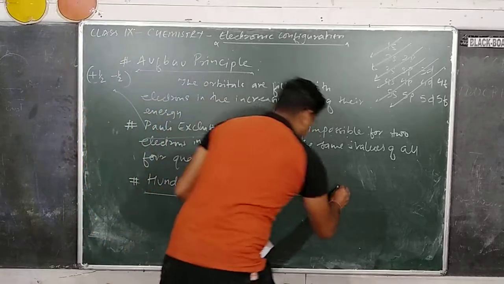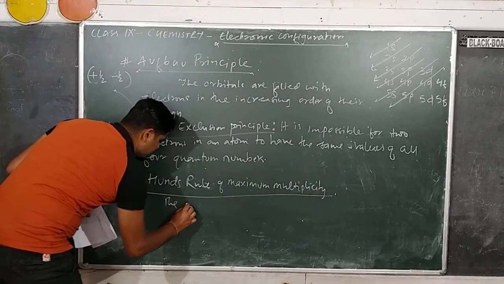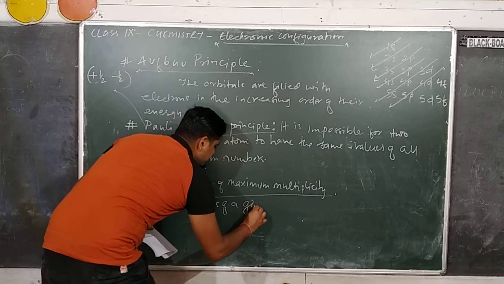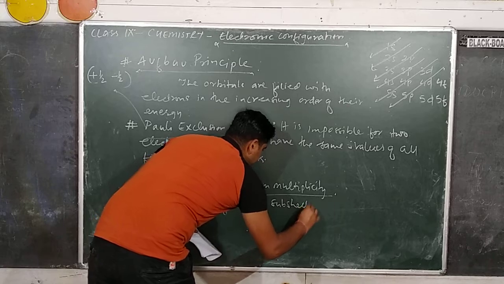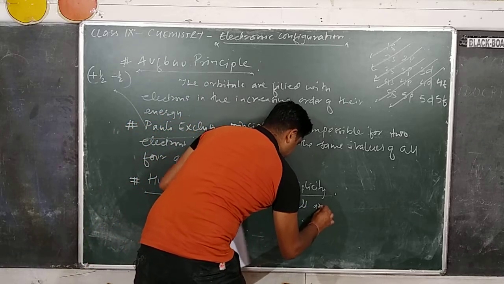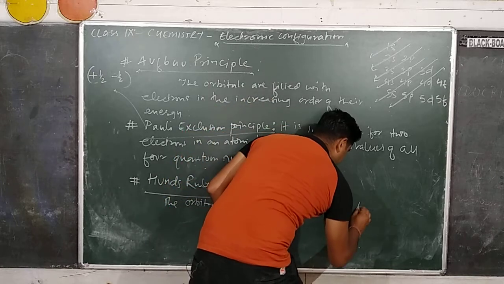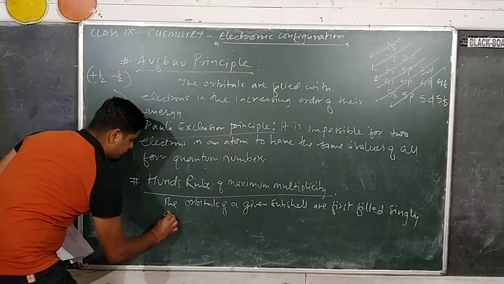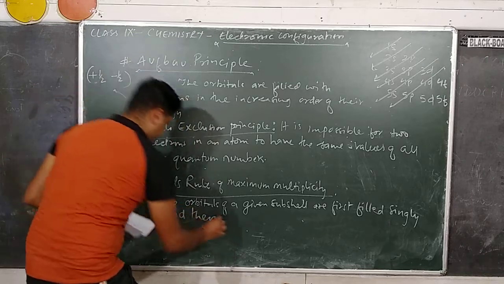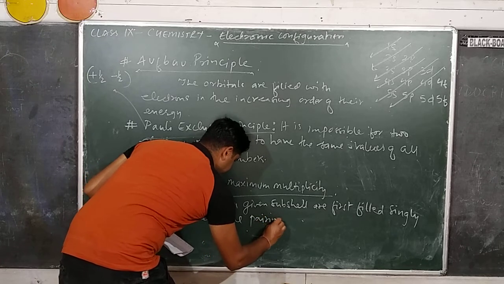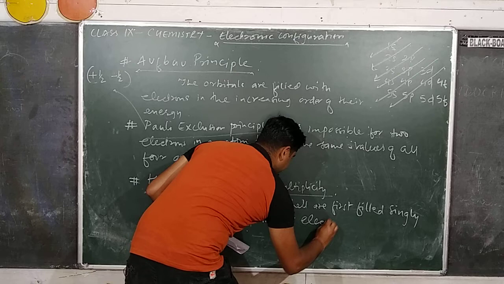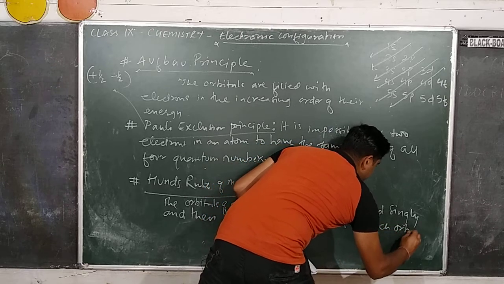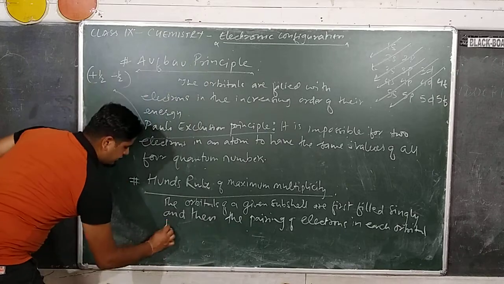This states that the orbitals of a given subshell are first filled singly and then the pairing of electrons in each orbital begins.